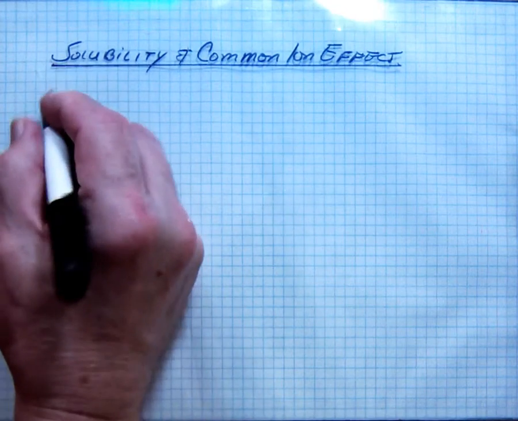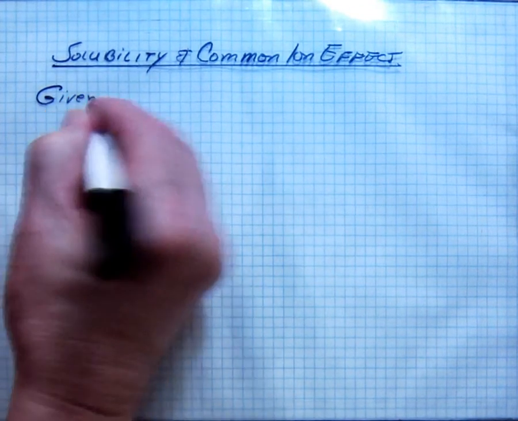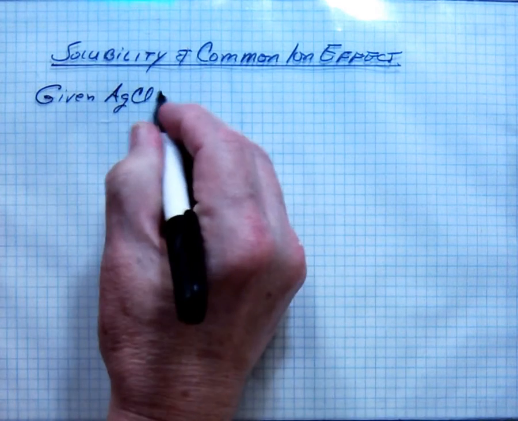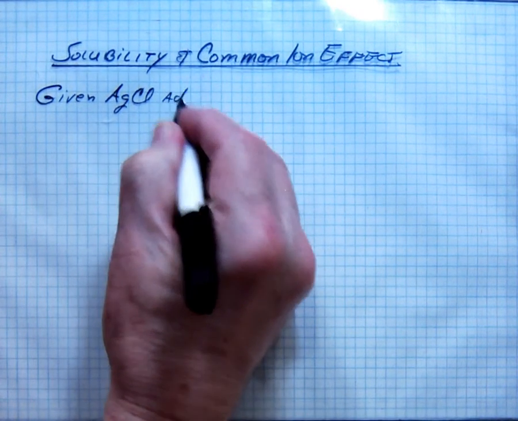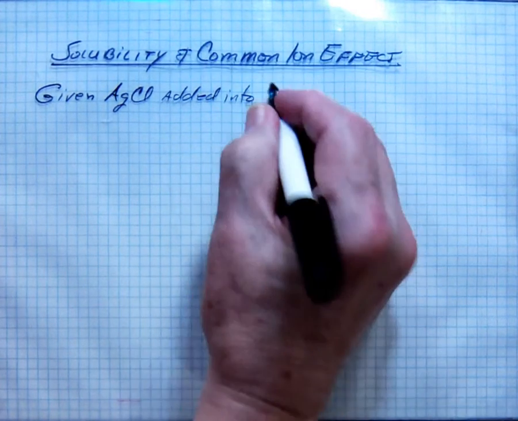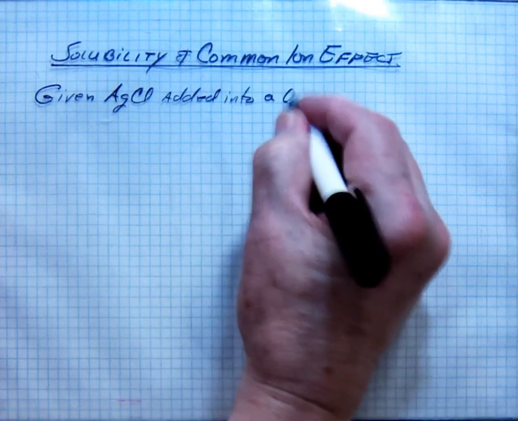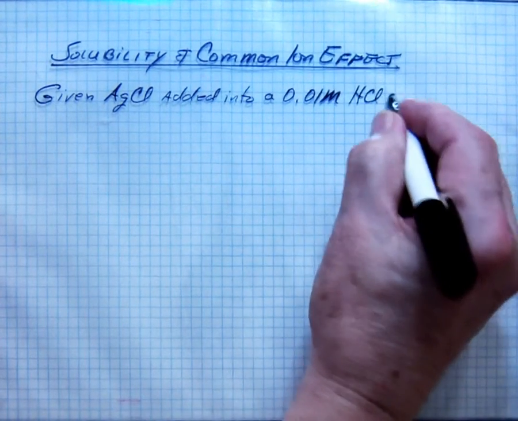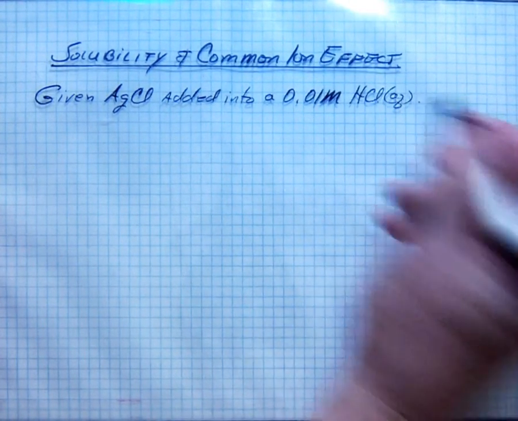Okay, let's say you're given silver chloride added into a 0.01 molar HCl aqueous solution.